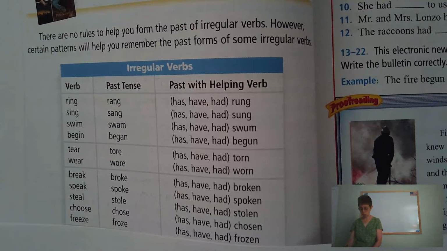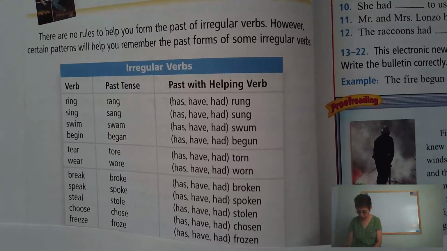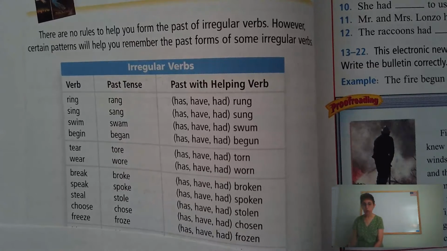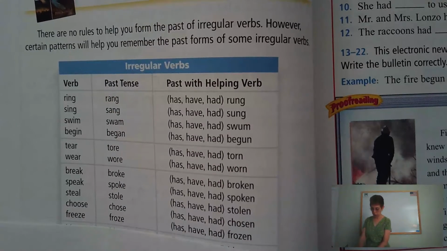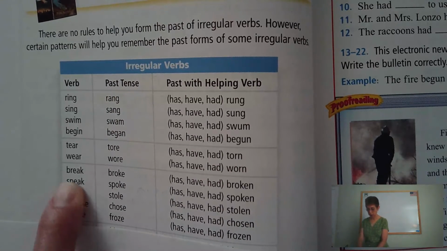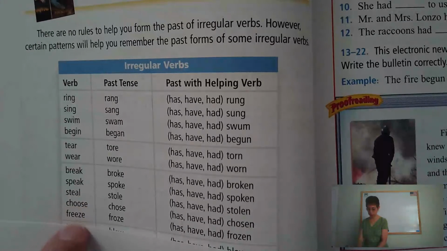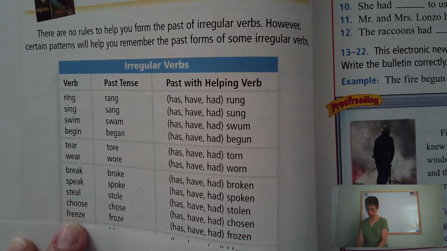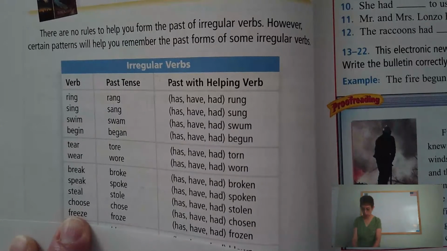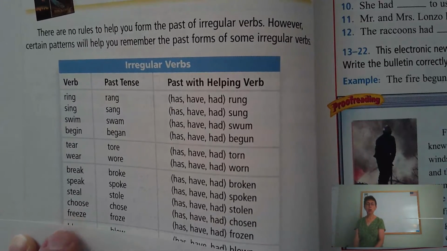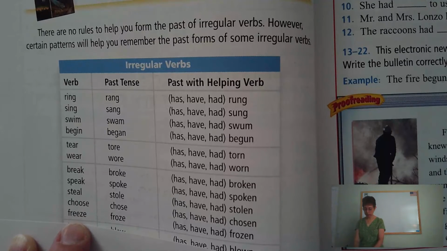Freeze, froze, has, have, had, frozen. So here you're looking at a pattern where you have EA in several of these verbs. You have EA, and then of course in choose you have the OO, and then freeze you have EE.